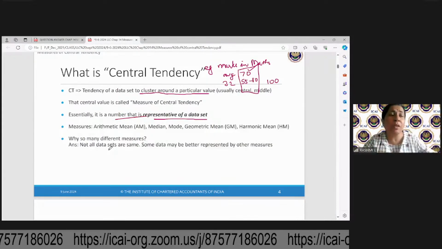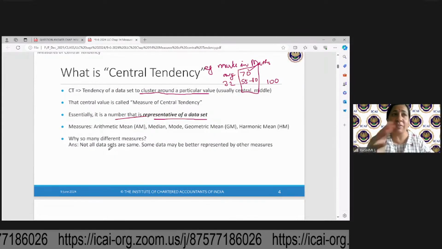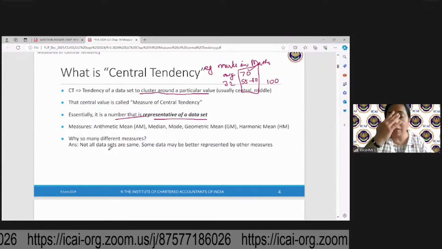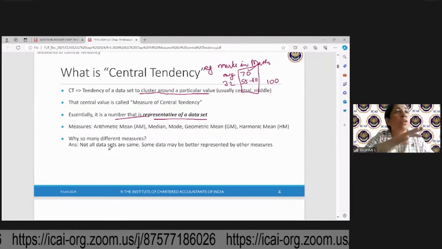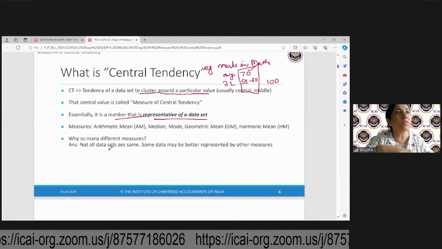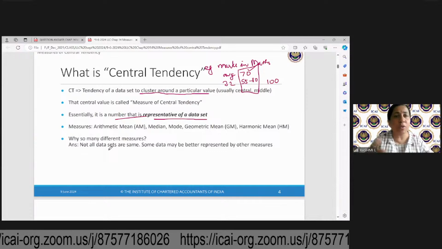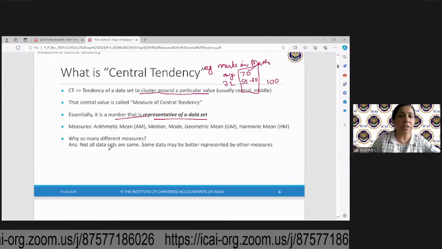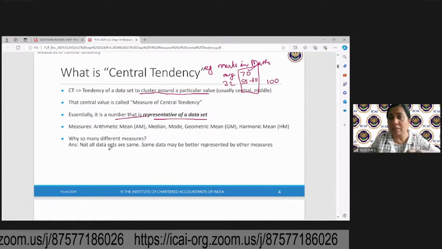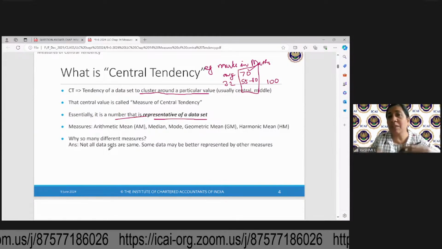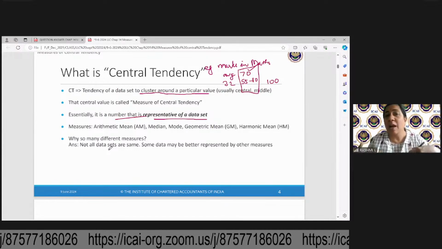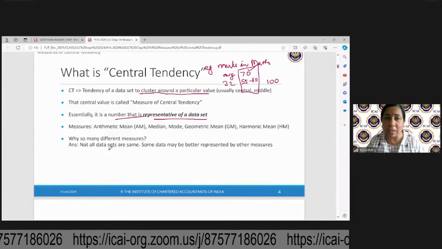For example, if I'm using qualitative data, we have talked about it in the last lecture, where we covered statistical description of data and talked about quantitative data and qualitative data. I hope you remember that. Quantitative data is talking about the variable that you can measure, and qualitative data is talking about the attribute and how do I measure that attribute.